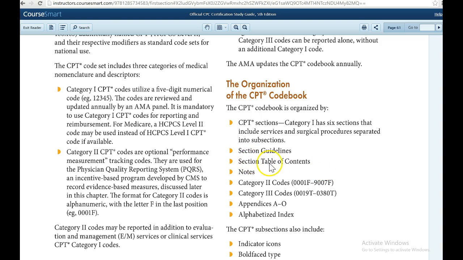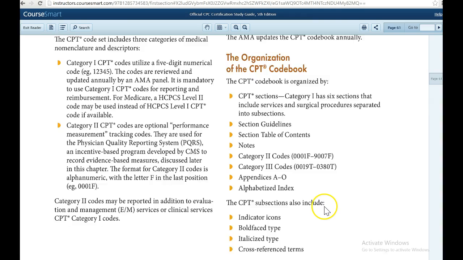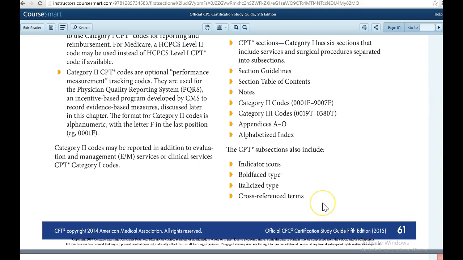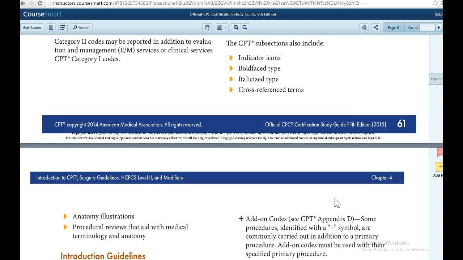We have the section table of contents, notes, category 2, category 3. All your appendices are found in the back of the book, and your alphabetized index is also in the back of your book as well. The CPT sections include indicator icons, boldface type, italicized type, and cross-reference terms.